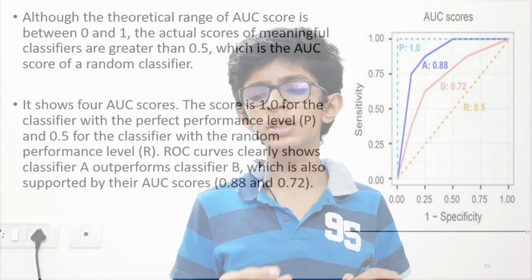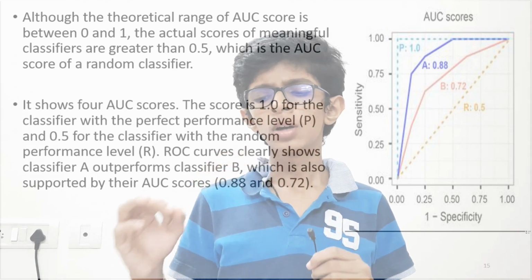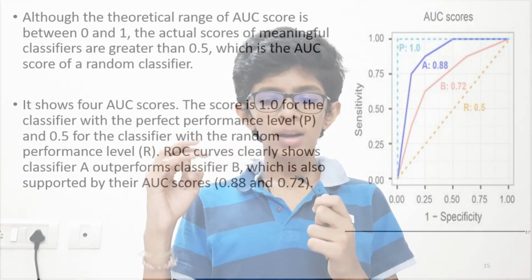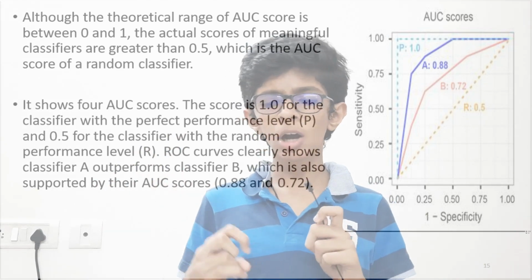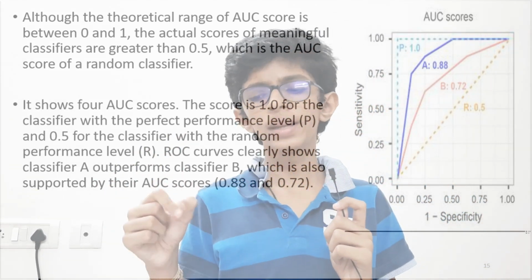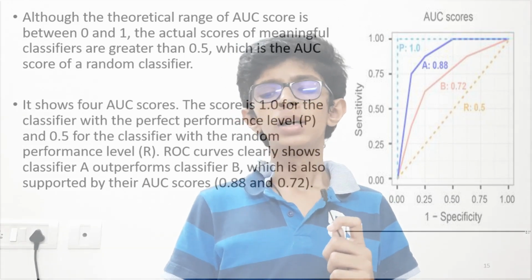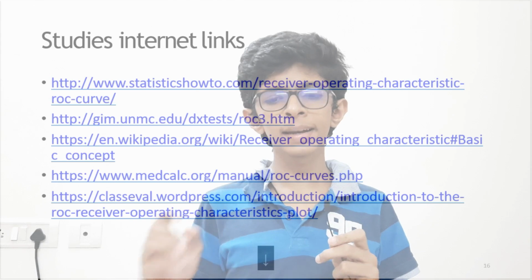The ROC clearly shows classifier A outperforms classifier B, which is also supported by their AUC scores 0.88 and 0.72.